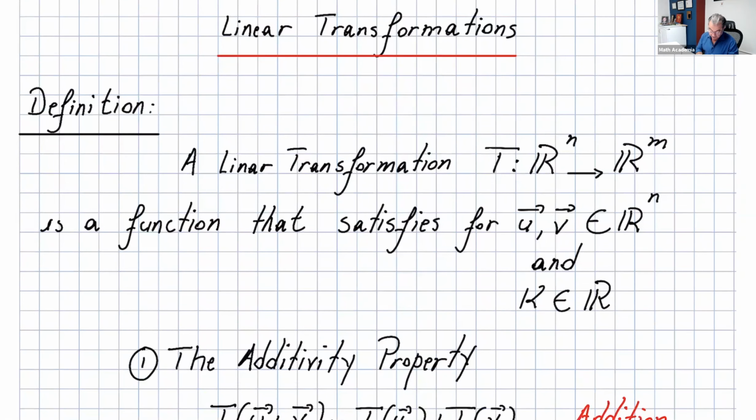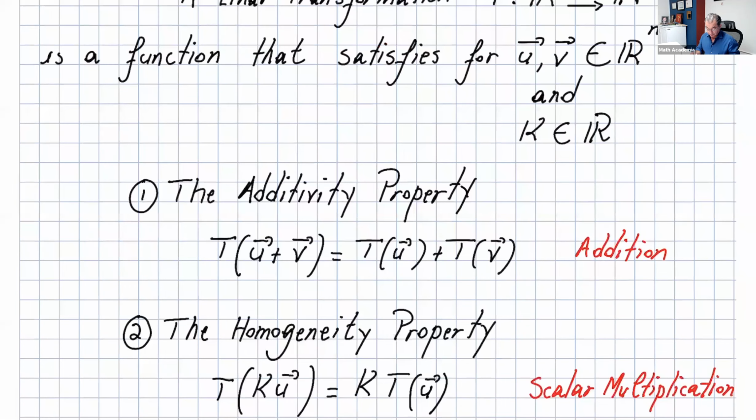So first, the definition. A linear transformation, that's how you write it, T from Rn to Rm. This is the domain and that's the codomain. It is a function that satisfies, for two vectors u and v in Rn and a scalar k, these two properties.